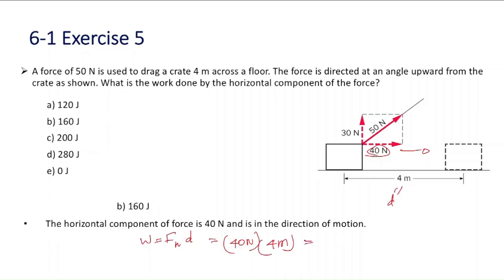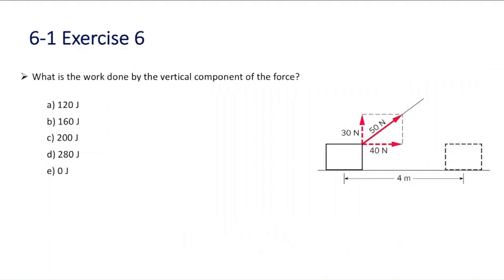Therefore, the answer is 160 Newton meter, and we know that a Newton meter is a joule. So the answer is B. Now we just calculated the work done by the horizontal component of the force. But what about the vertical component? What is the work done by the vertical component of the force?